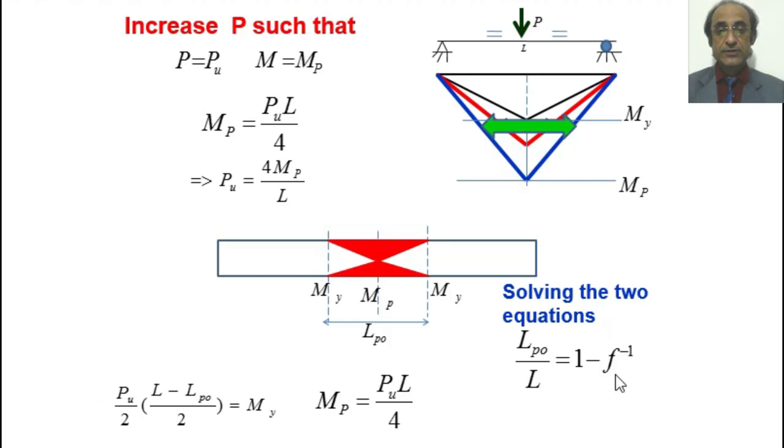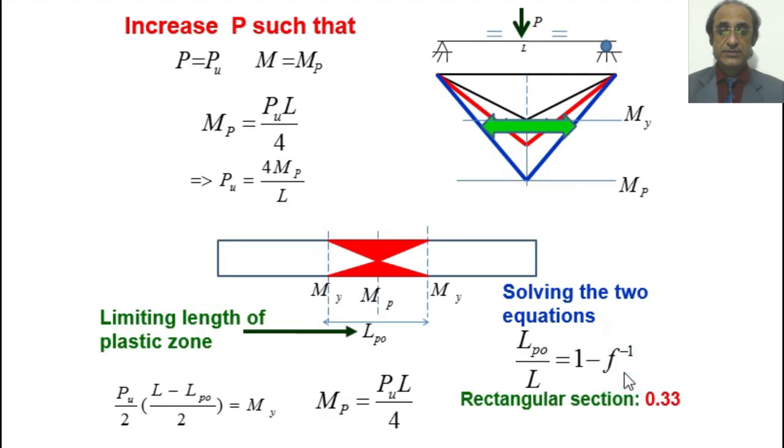So for a rectangular section, because the shape factor is 3/2, we get this length to be 1/3. That means when the plastic hinge is formed, the middle 1/3 region of the beam is under some kind of plastification. So the plastic hinge, theoretically, appears to be a single point, but it is basically a region.